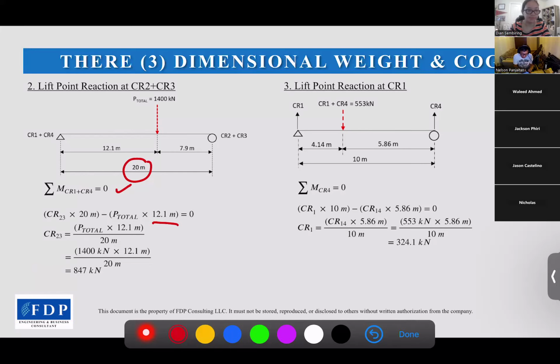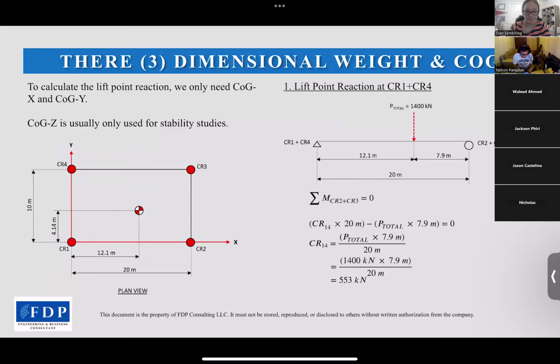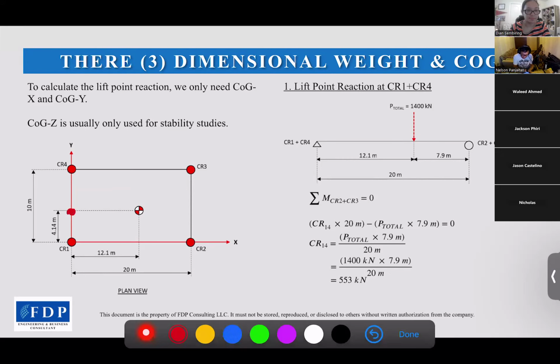And then we got crane 2 3 is 807 kilonewton. From each reaction, we have found crane 1 4 and crane 2 3. Crane 1 4 will be sitting here, crane 2 3 will be sitting here, and we will distribute this to each lifting point.